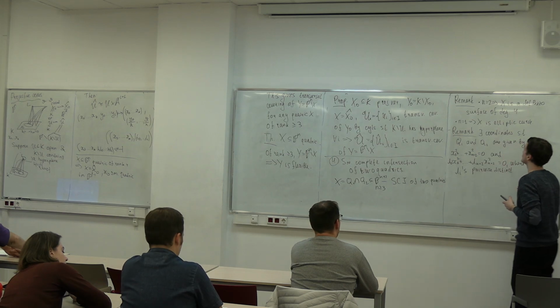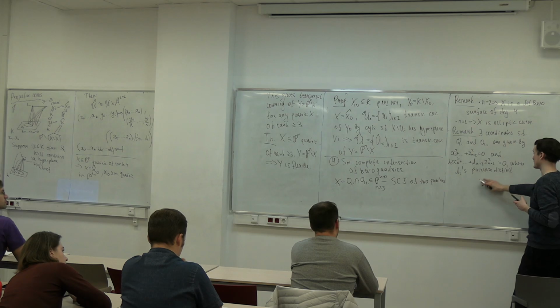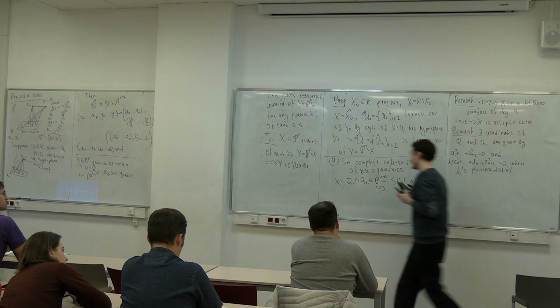So that's what it means to be a smooth complete intersection of two quadrics in coordinates.